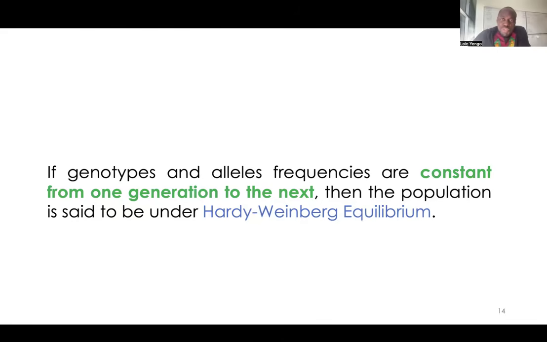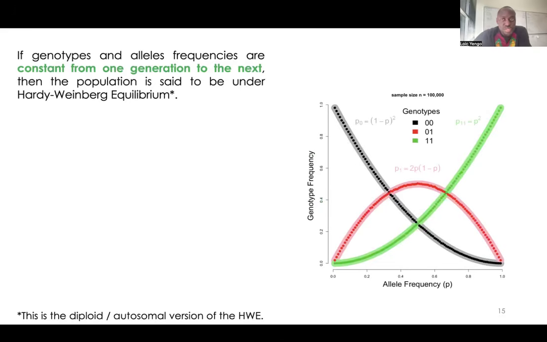But if that happens, then the Hardy-Weinberg equilibrium holds. And the consequence of that is going to be shown now. So under this particular assumption, you can predict the genotype frequencies.